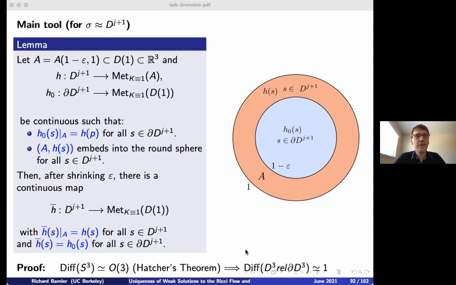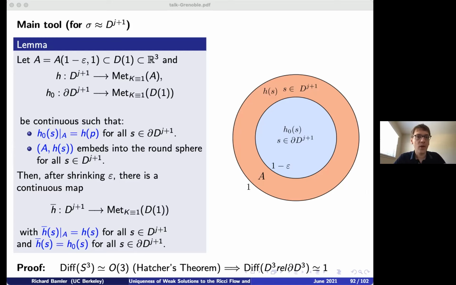And then we can use something like the exponential map to relate the space of constant curvature metrics on this disk to this diffeomorphism group, and we get that there's no obstruction in finding this extension.